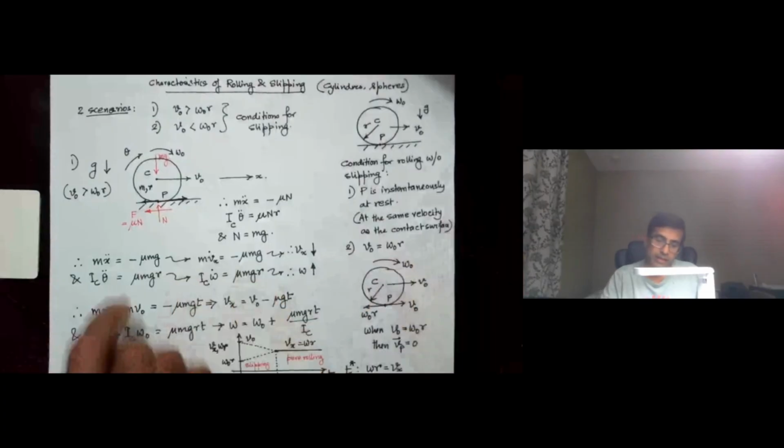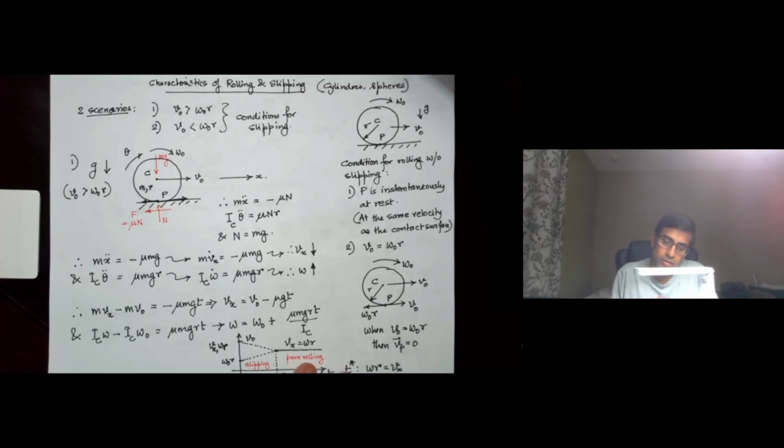We noticed that the friction force that the ground provided due to the contact with the disk at the time of slipping was such that it reduced the velocity and it increased the angular velocity. Although it increased the angular velocity, overall the energy reduced.